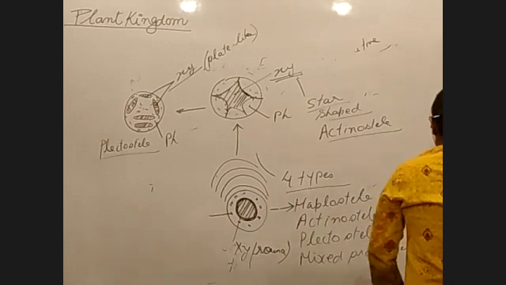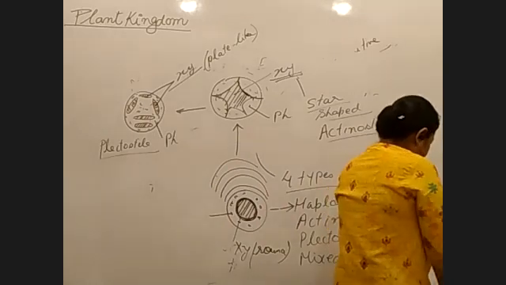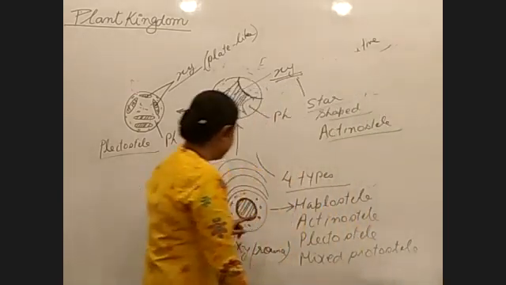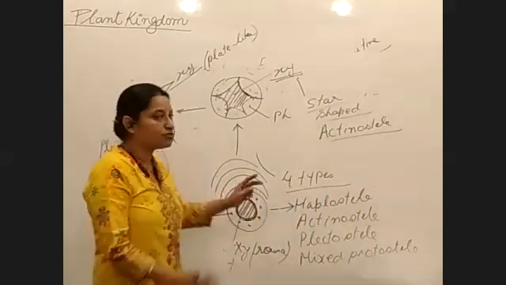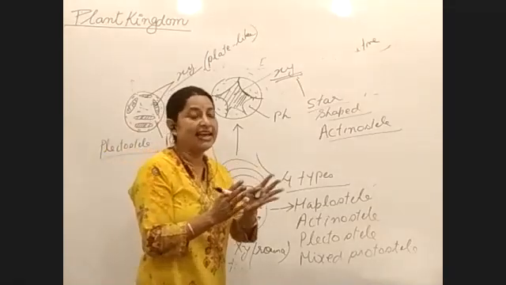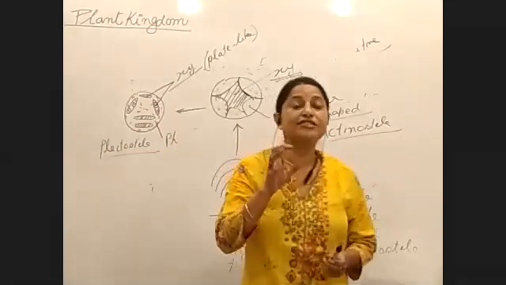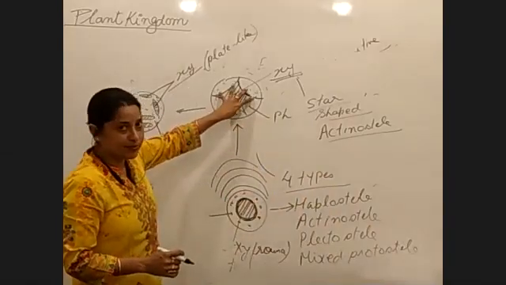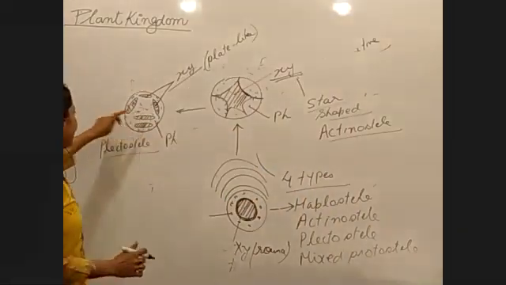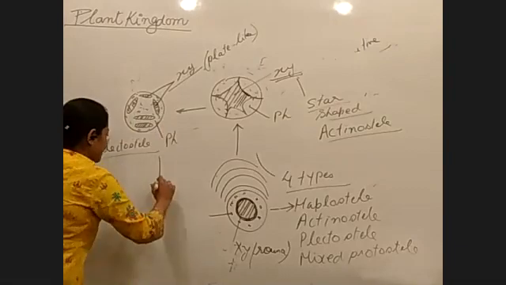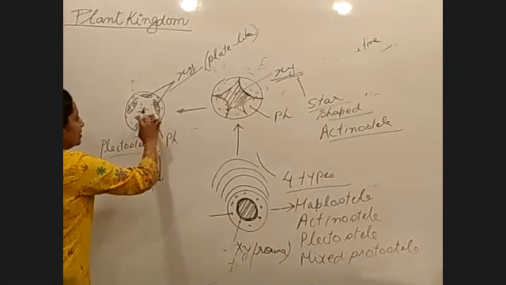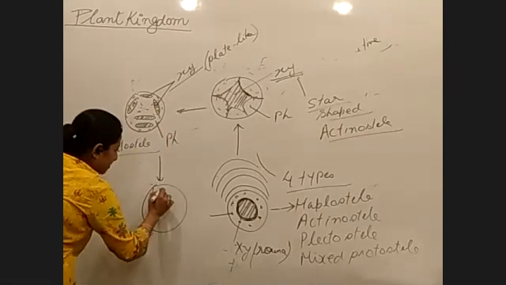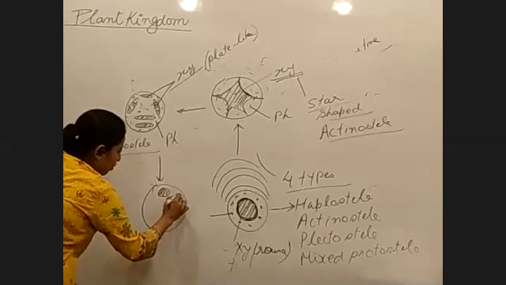Yes, ma'am. So gradually in the process of evolution we see that the xylem tissue, which was present in large amounts in the centermost portion, is breaking into fragments. First it was round, then star shaped, then arranged like plates, and after this we see further division of the xylem, and ultimately we see xylem in the form of fragments.